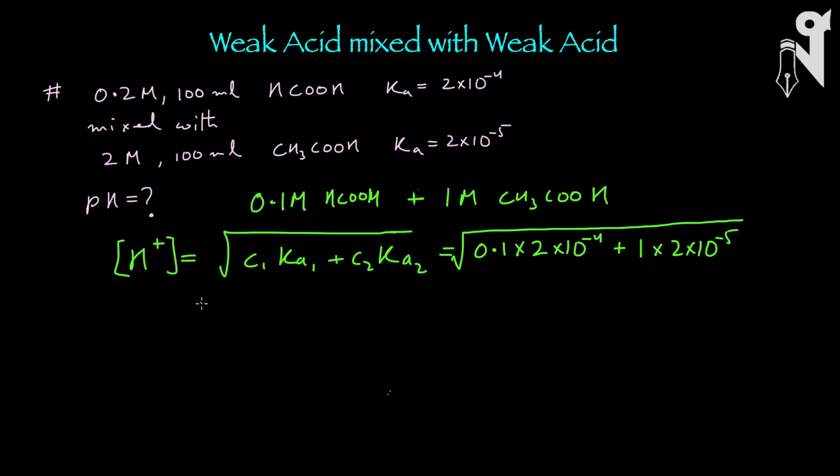So that's a 4 into 10 power minus 5 whole under root, which is 40 into 10 power minus 6. So square root of 40 would be 6.32 into 10 power minus 3. So that's your concentration of H plus.